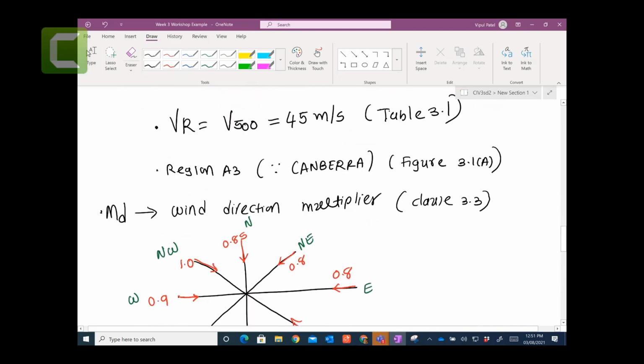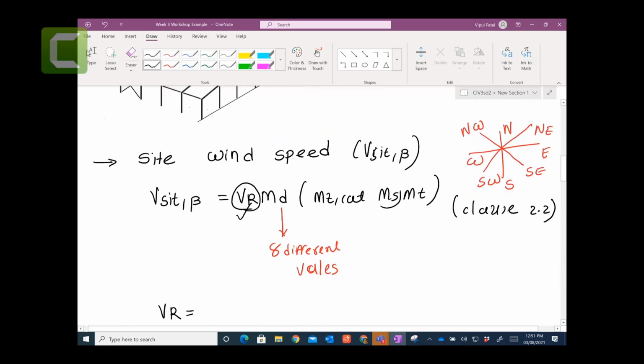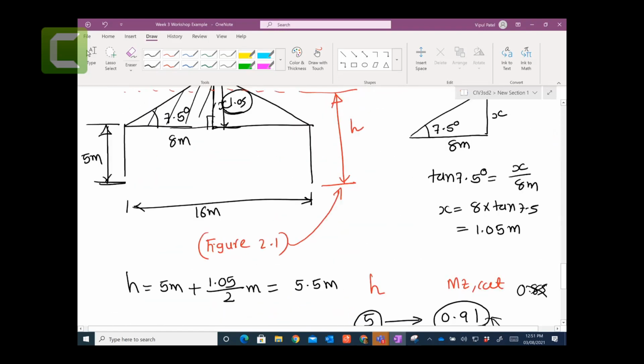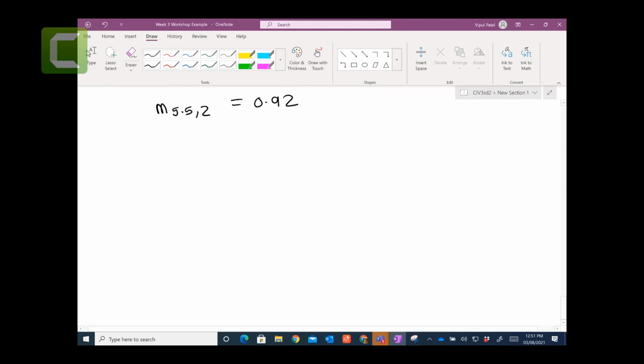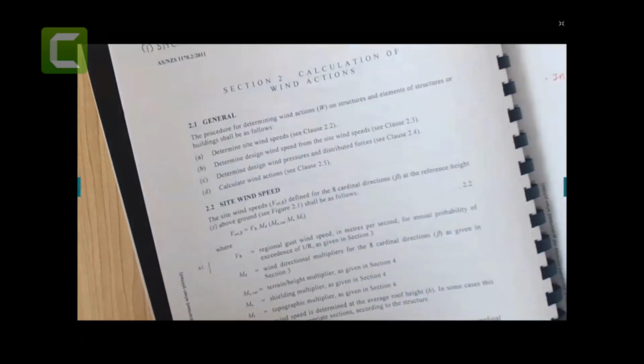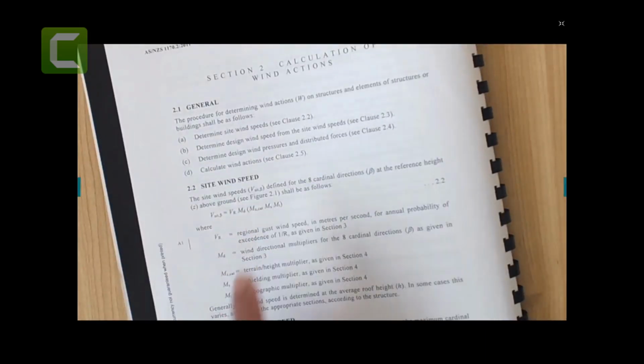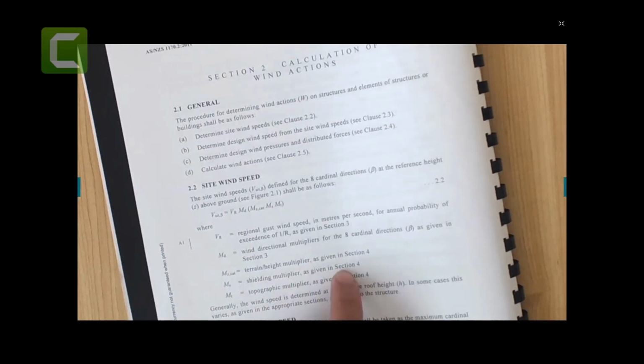I think the next one that we need to find is the shielding multiplier and topographic multiplier, Ms. I will show you where it is. Go back to the page where we have this Ms. Ms is again the shielding multiplier, Section 4.